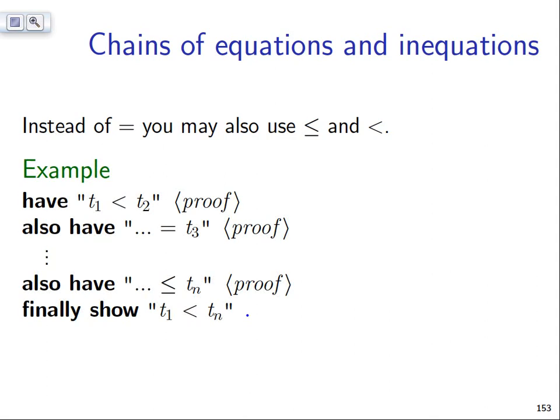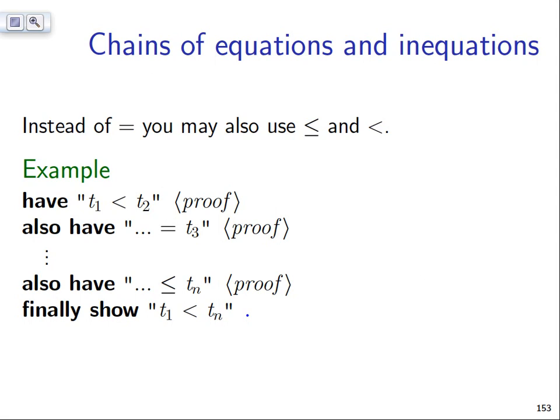And here's a simple example. It's a generic example where you first prove t1 is less than t2, and then you prove that the previous one, namely t2, is equal to t3, and then you keep on going using equality, less than or equal, or less than, and eventually you get to some tn.